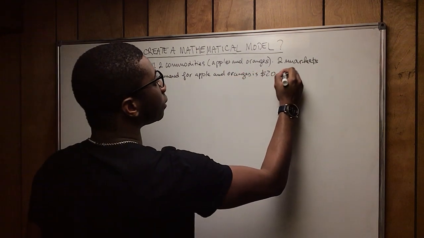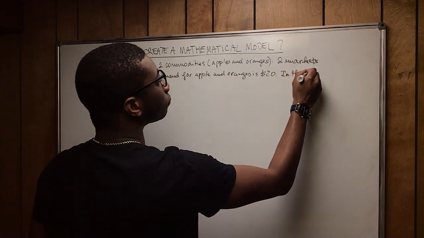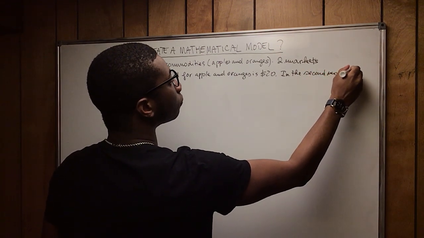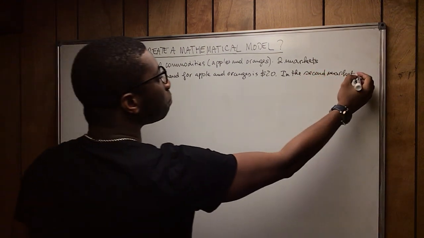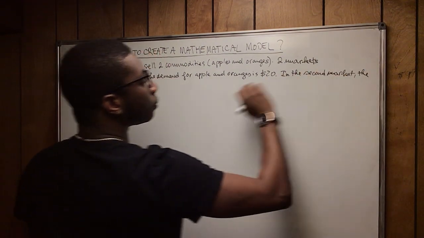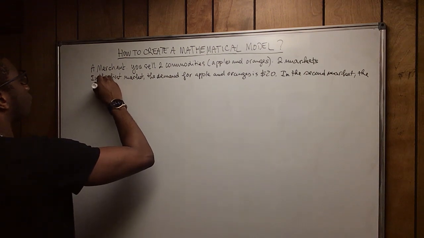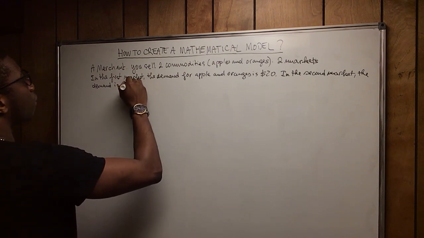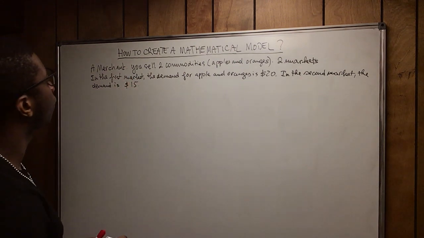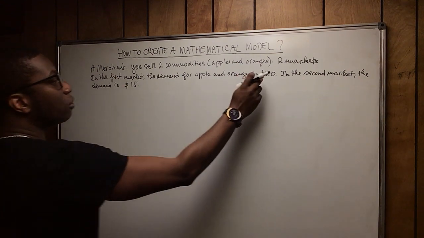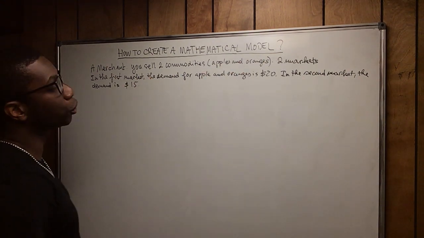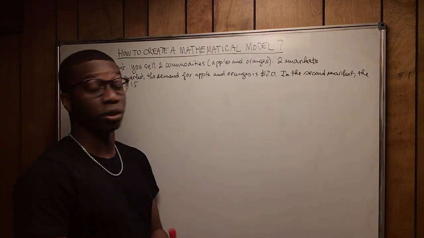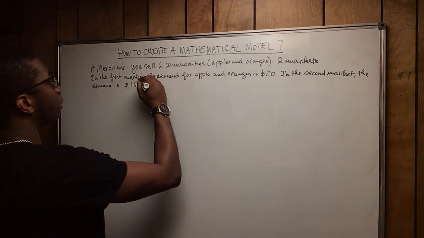And in the second market, that same demand is, let us say, $15, right? And in the first market, you don't know the exact amount of apples and oranges you need, but you need to produce 5 times.